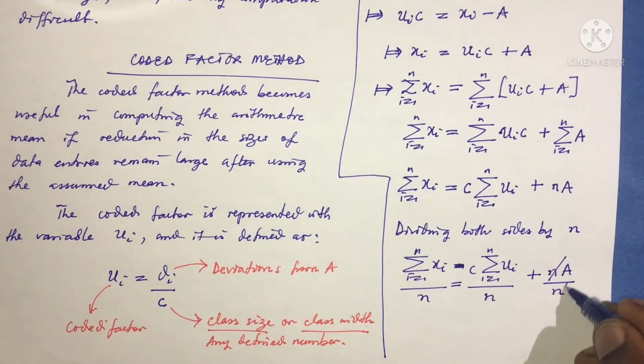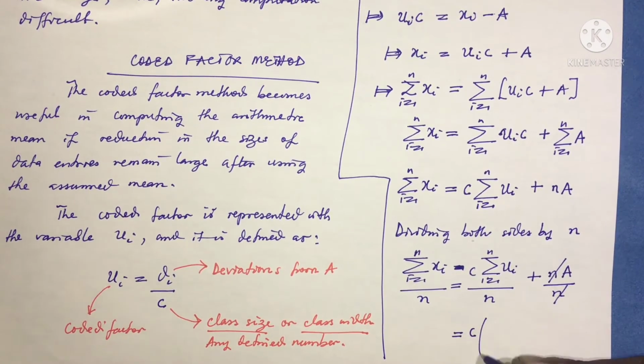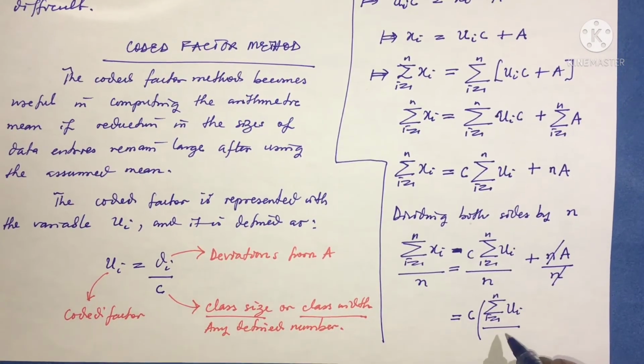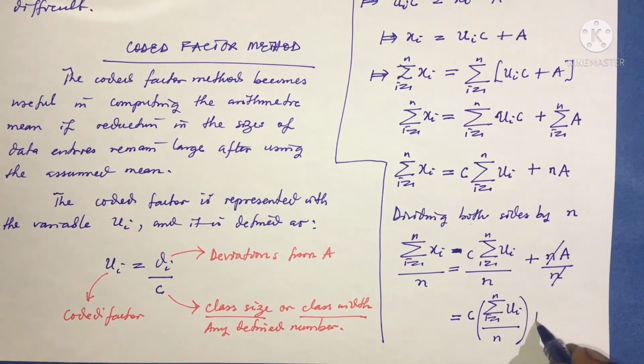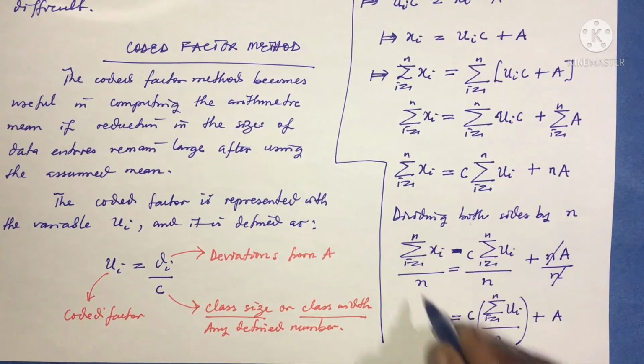So n will cancel n, and this will leave us with c in bracket summation from i equals 1 to n ui all over n plus a, and this on the left hand side defines x bar.